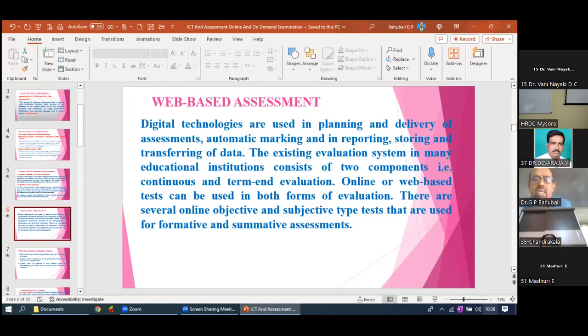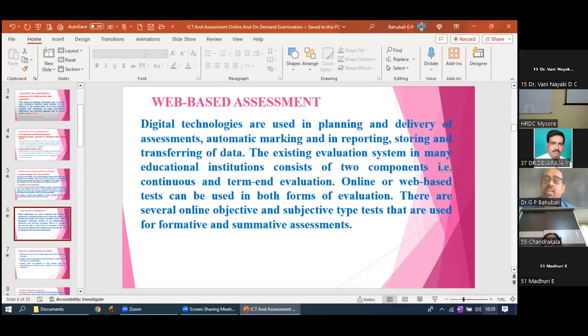Immediately the learning of the students can be recorded, and even the marking can be done automatically. In this way we can plan and deliver to the stakeholders, and storing and transferring the data is possible.